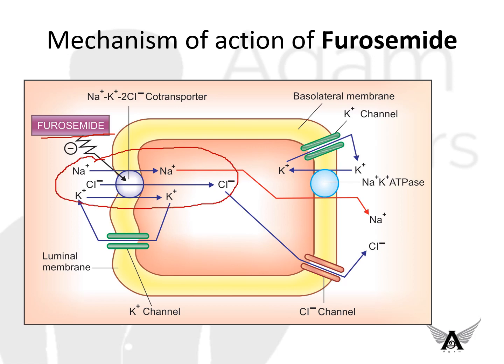When this cotransporter is inhibited, these ions are not reabsorbed. When they are not reabsorbed, they are excreted through urine, and they also take the associated water with them. Thus, there is a net loss of ions and water. I hope it's all clear for you guys.